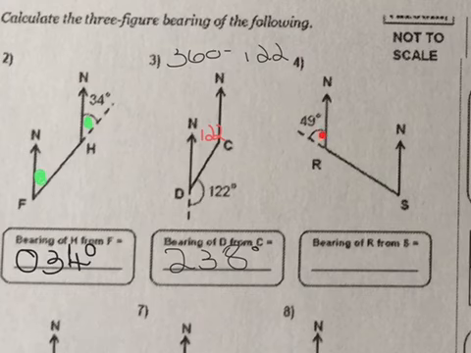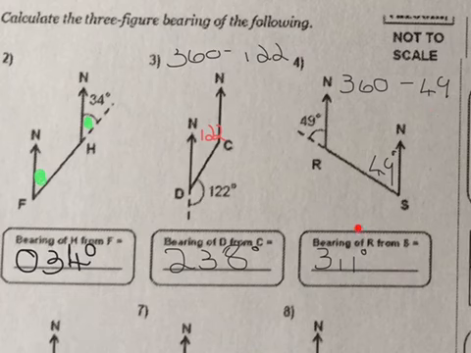So that means that this angle here is the same as this one here. So angles around a point add up to 360. So we're going to do 360, take away 49, which is going to give us this one here. So 360, take away 49, we have a bearing of 311 degrees.